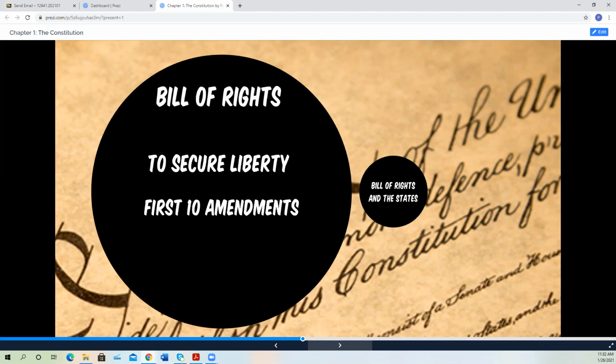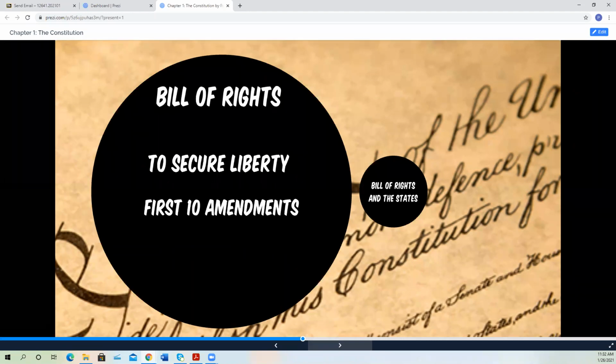The first 10 amendments are called the Bill of Rights. Some say the first 8 amendments are the Bill of Rights. For testing purposes, it does not matter if you say the first 8 or the first 10. I understand what you mean.